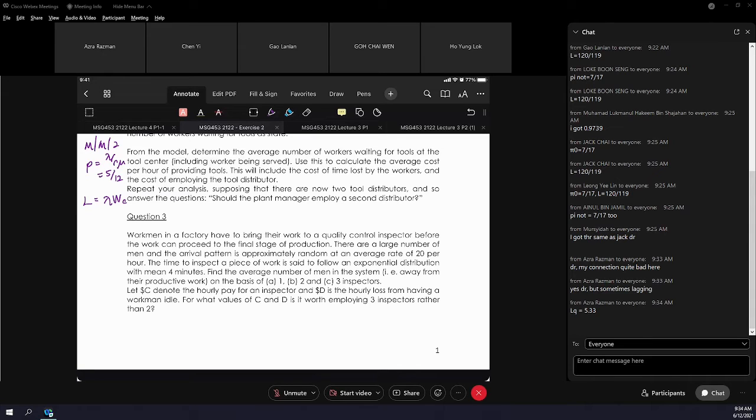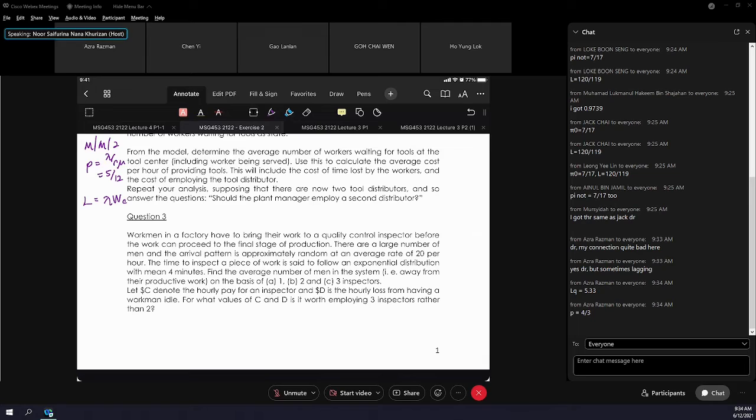You get your Lq equals 5.33. What is the value of your rho? Lambda over mu. What is the value of your lambda over mu? 4 over 3. Okay, so this is M/M/1/Q, right?